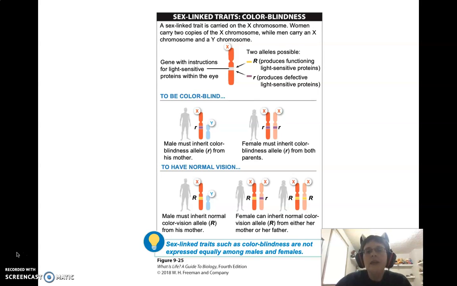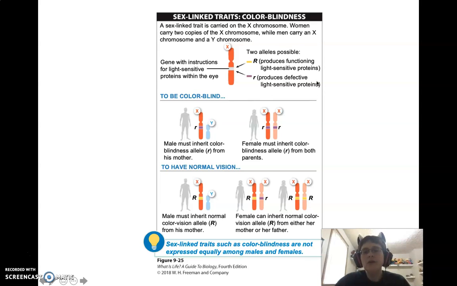So the gene for red-green color blindness is actually on the X chromosome. If you look, we've got big R. Big R is the correct functioning gene, and little r is the one that's going to be the broken version of this gene. It's creating defective proteins.